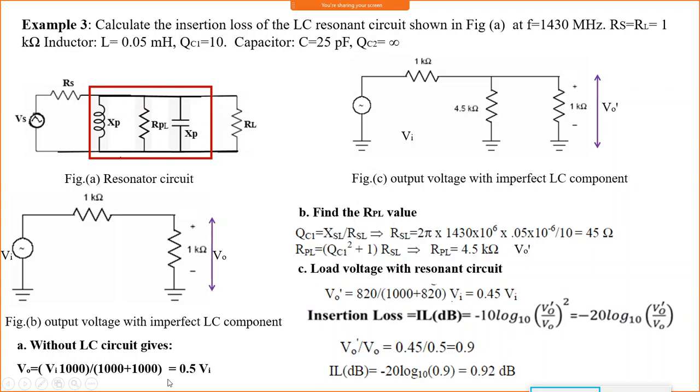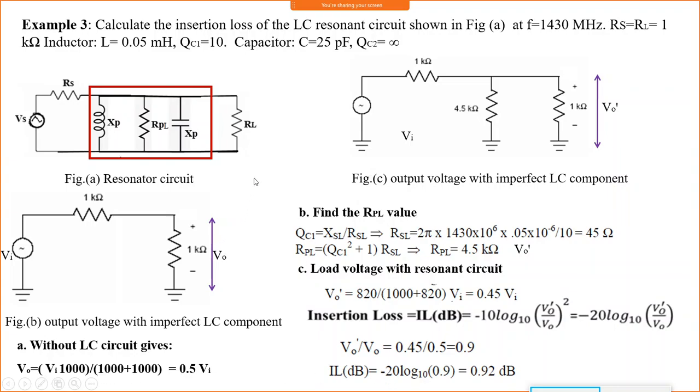If you do this, you will get V0 equal to 0.5 Vi. Vi value is not given, so put V0 in terms of Vi only. So without inserting the network, if you connect RS directly to RL, V0 is equal to 0.5 Vi.